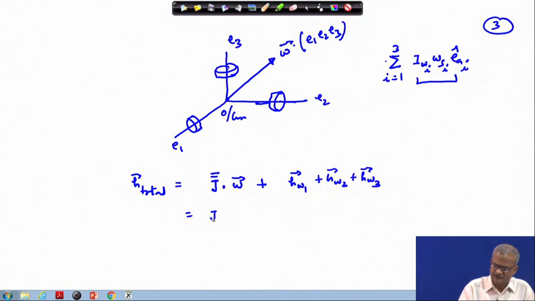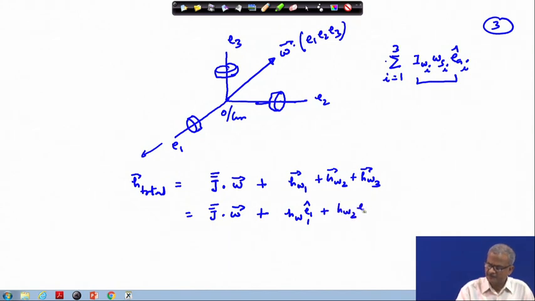Obviously, if they are aligned along this body axis, this gets very much simplified, and we can write this as E 1 cap H w 1 plus H w 2 E 2 cap plus H w 3 E 3 cap. So, these are for the 3 wheels.